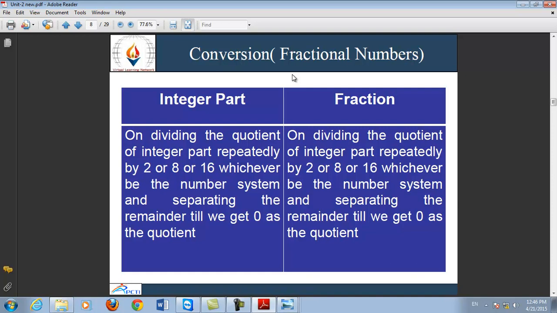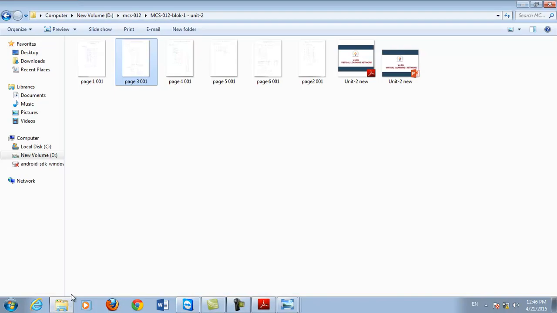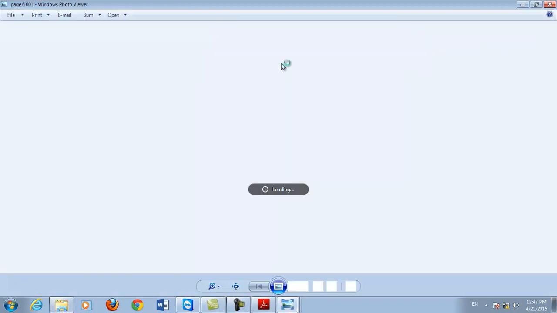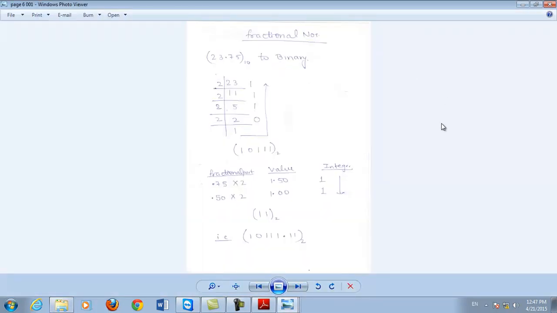Now, what is the process to convert the fractional numbers into equivalent other numbers? The process is a little bit different from the process defined earlier. Now, you can see the fractional numbers conversion. This is a fractional number, that is 23.75 base 10. It is a decimal number, and if you want to convert this number to binary, what is the process?